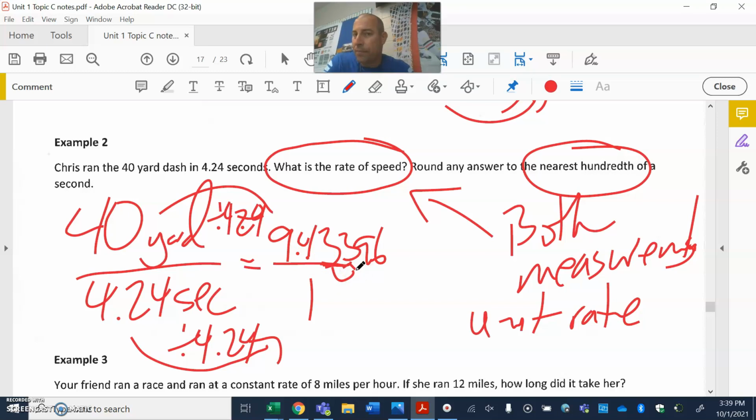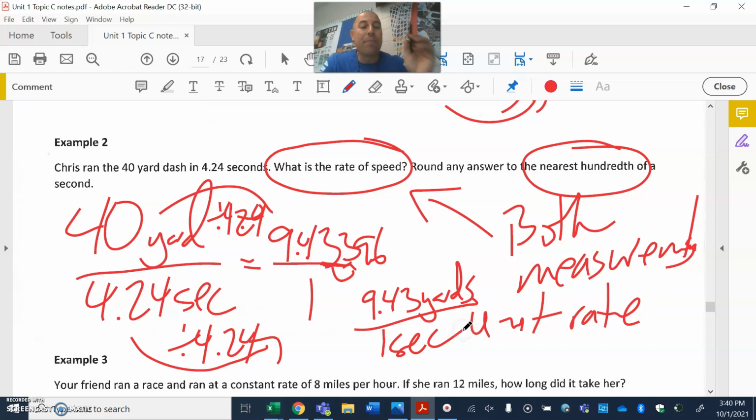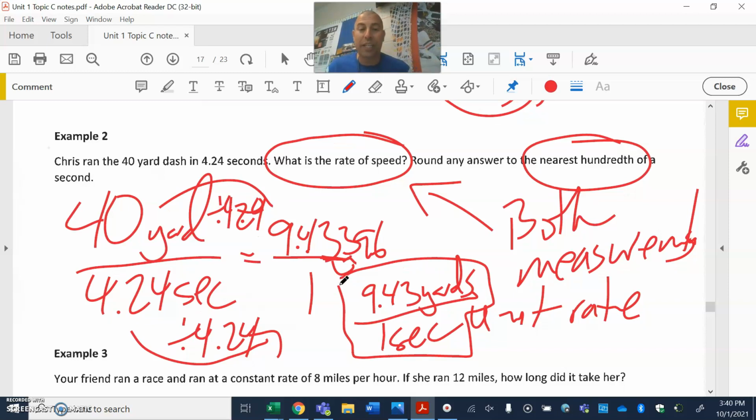I see a 3. Will the 3 make me round up? No, not a 5 or higher. So the official answer: 9.43 yards per second. Remember, we need both measurements in the answer because they're asking for the rate of speed. In other words, how fast were we going?